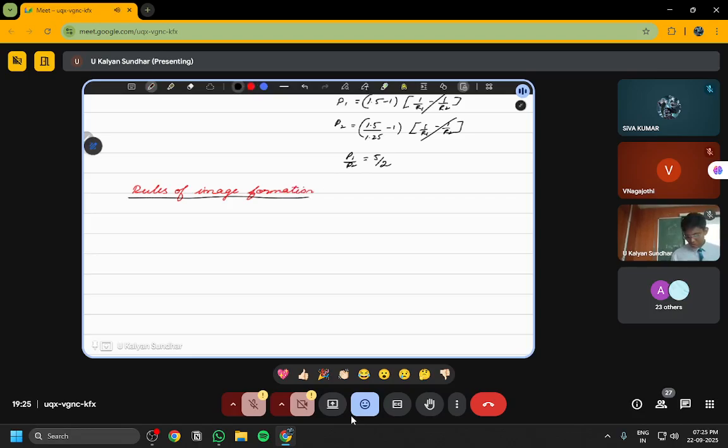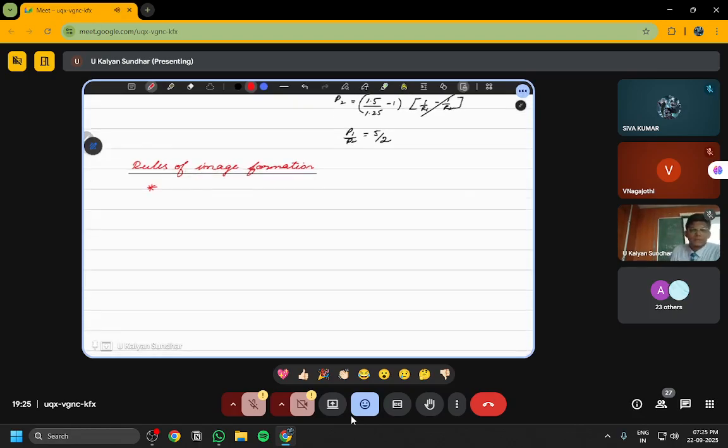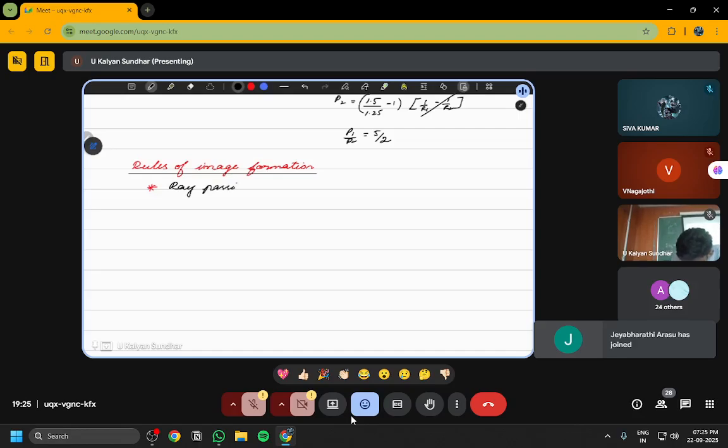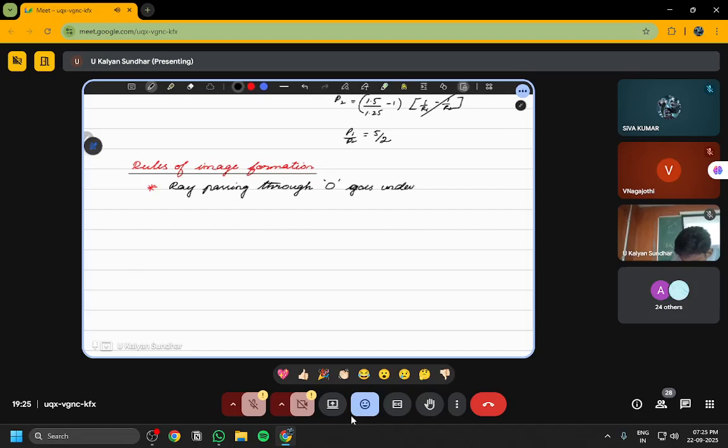Next one is about the rules of image formation in the lenses. The ray passing through optical center goes undeviated.